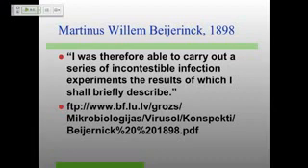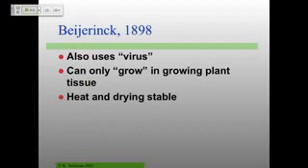But I read this paper. It was really amazing, the stuff that he was already showing in 1898. He uses virus as well, so it's not just contagium vivum fluidum. He shows, at least has some data, that it's only able to replicate in growing plant tissue.